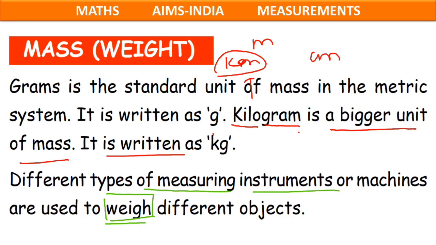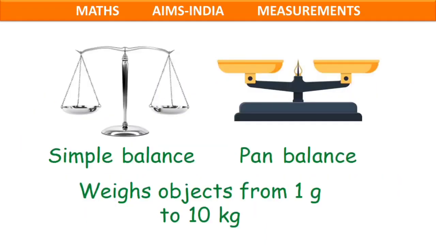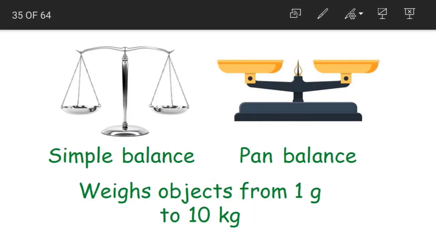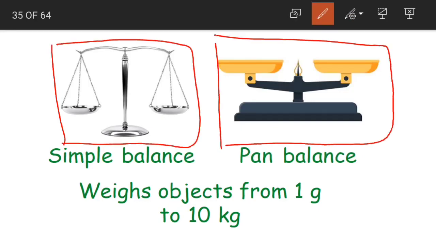In the same way to weigh a given object, that is to find out the mass or weight, we have different instruments like this. You might have seen this if you go to a vegetable market, children, or to a grocery store, that is a kirana store.